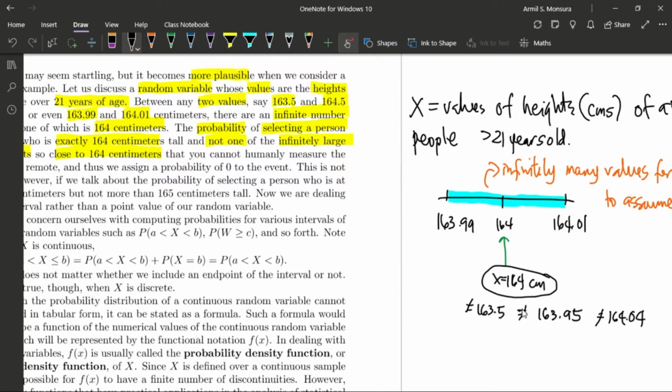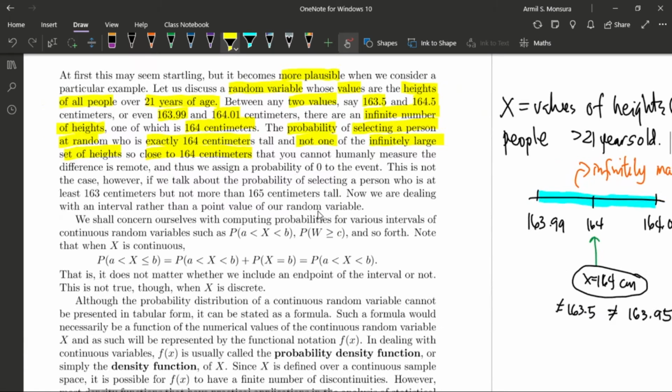Okay? So, in that case, since we will not be able to have a definitive proof that the person that we have selected has a height of exactly 164 centimeters, and not in the range of values that would give you 164 centimeters as the nominal or reporting height, we will assign a probability of 0 for finding that exact height, assuming the exact 164 centimeters.